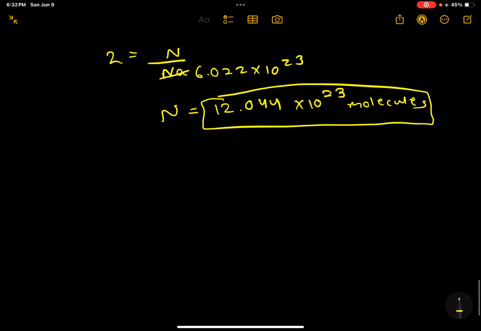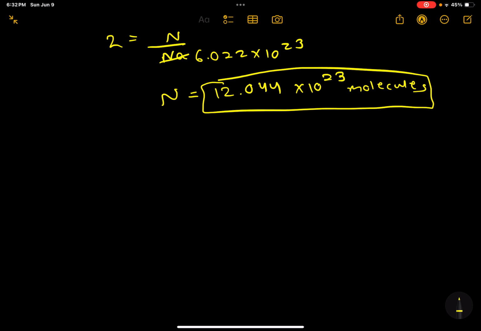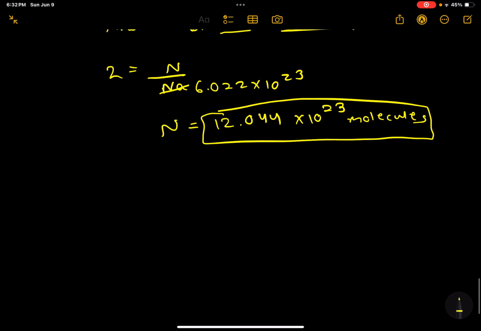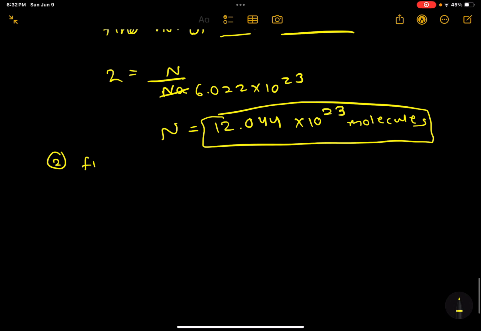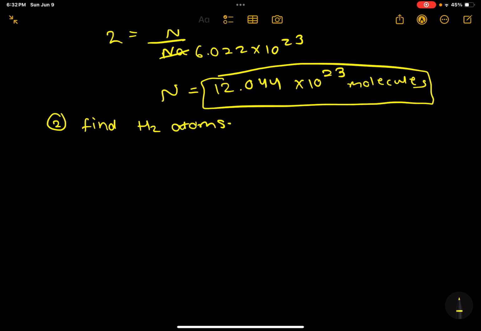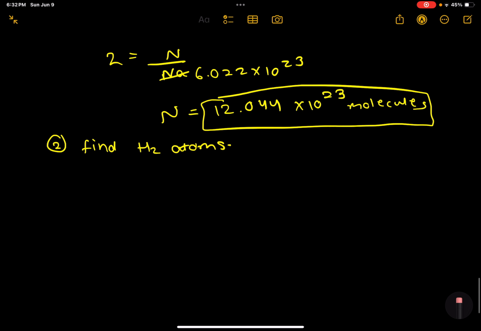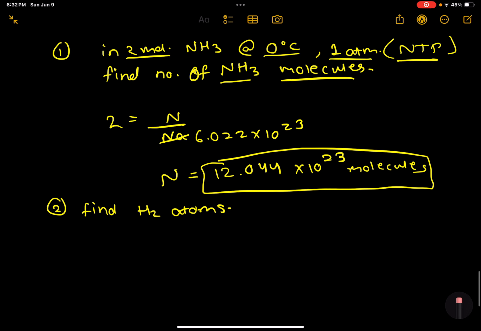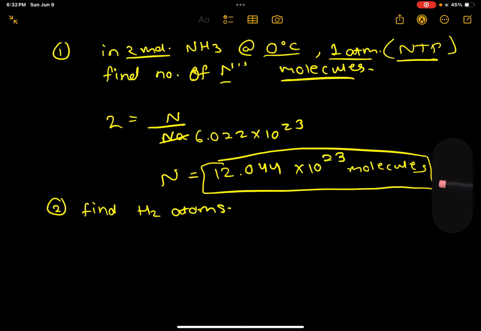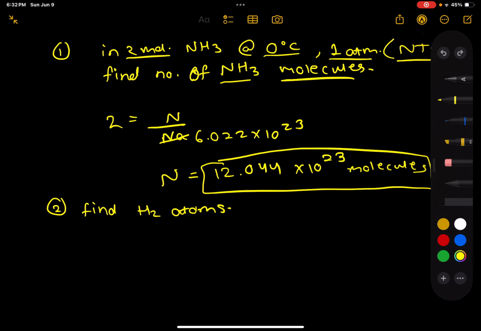Then we have to find the number of hydrogen atoms in NH3. Now how you do that is you multiply the number of molecules times 3, because there are 3 hydrogen atoms in each molecule.